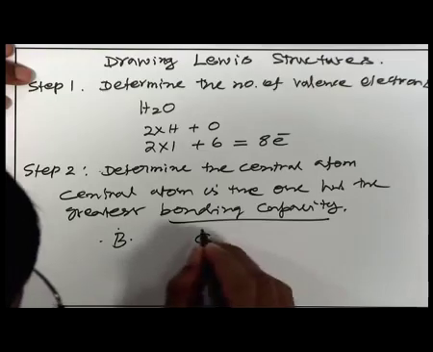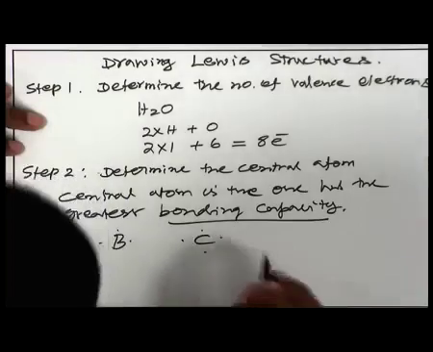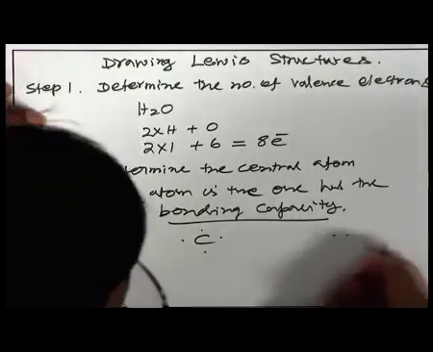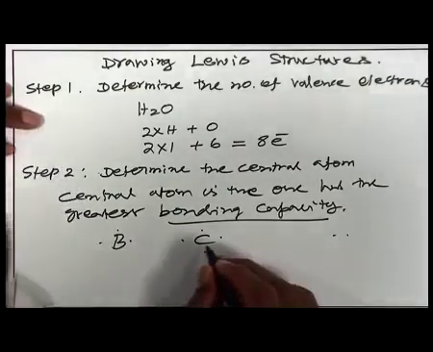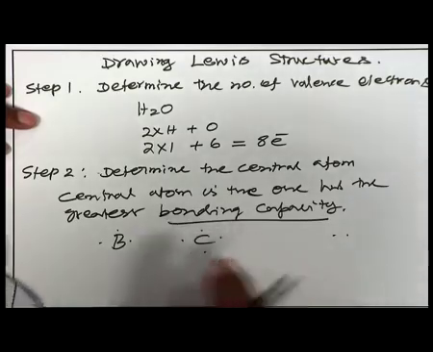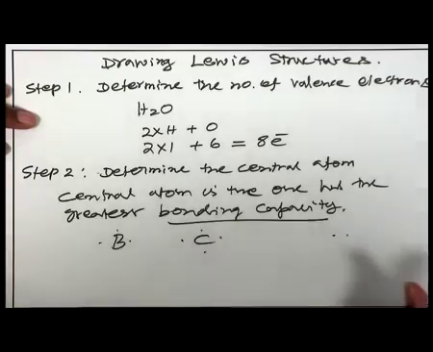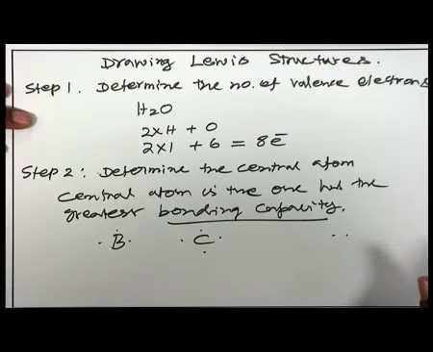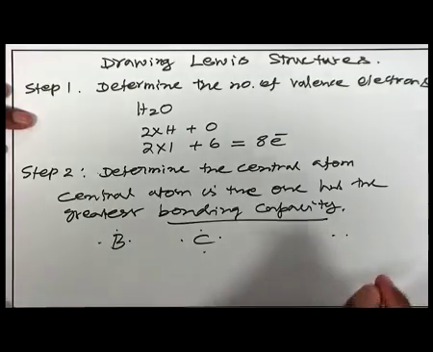Carbon has 4 unpaired electrons. Paired means a pair of dots; unpaired means they are not paired. The higher the number of unpaired electrons, the higher the bonding capacity. So, compared to boron, carbon has the highest bonding capacity.